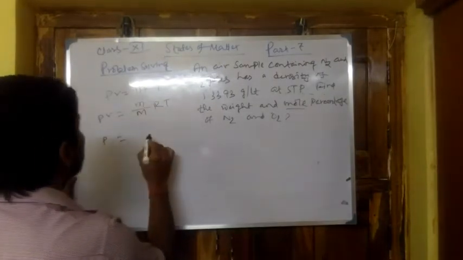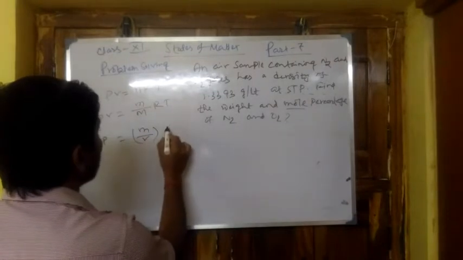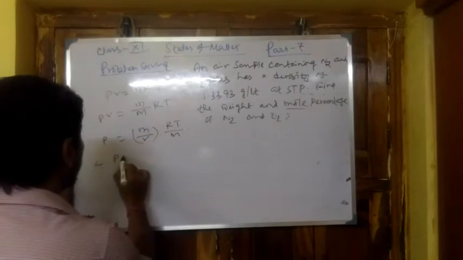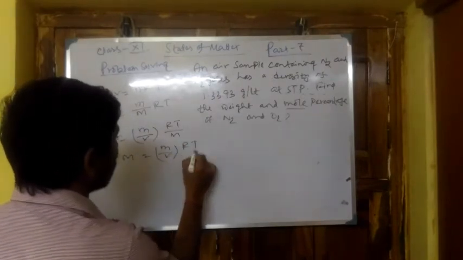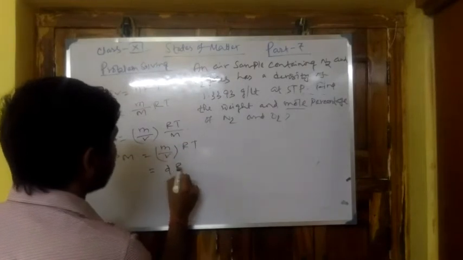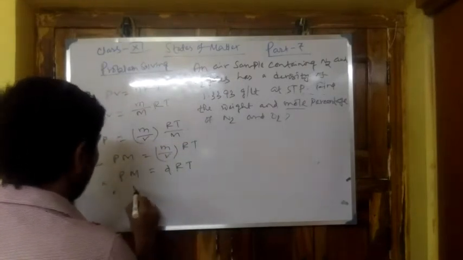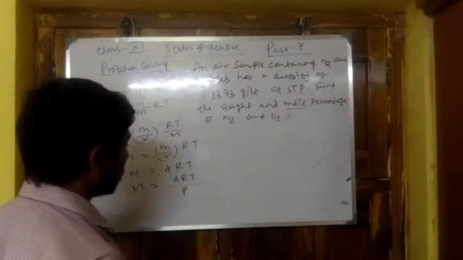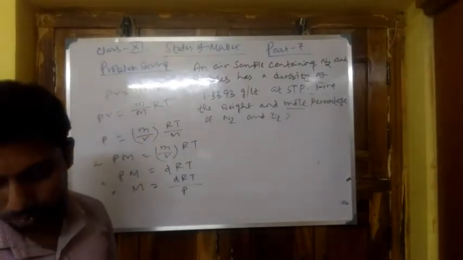Then P equal to m by V into RT by M, or PM equal to m by V into RT, that is equal to dRT, or M equal to dRT by P.